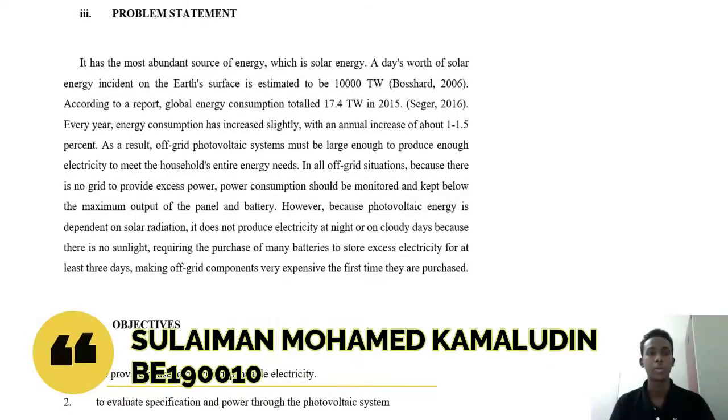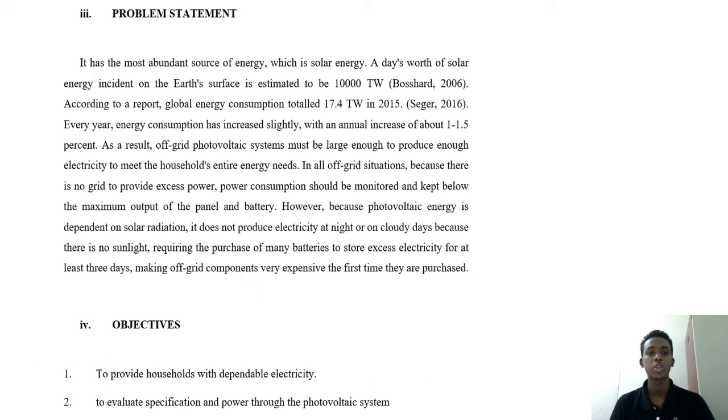I'm here to present my part of the presentation, the problem statement. Solar energy is the most abundant source of energy. A day's worth of solar energy incident on Earth's surface is estimated to be 10,000 TW. According to the report, global energy consumption totaled 17.4 TW in 2015. Every year, energy consumption has increased slightly, with an annual increase of about 1 to 1.5%.